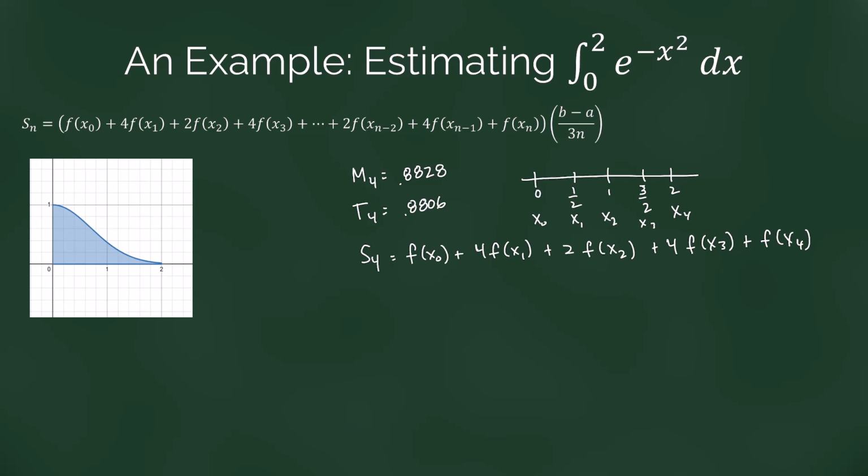And so, in other words, this is f of 0 plus 4 times f of 1 plus 2 times f of 2 plus 4 times f of 3 plus f of 4.